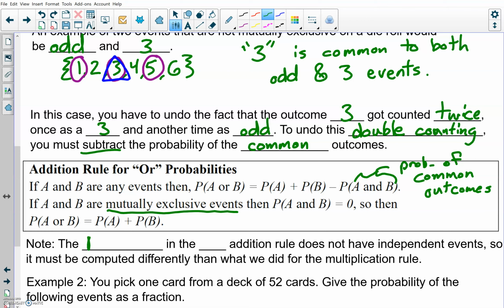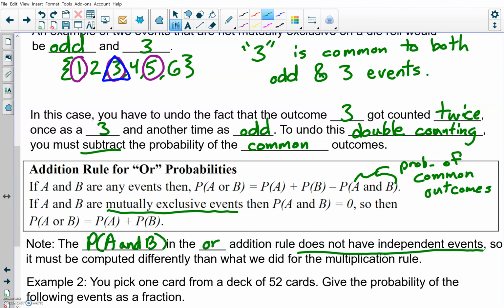And keep in mind, the probability of A and B that we're seeing here in this OR addition rule does not have independent events. They're not independent of each other. They have things that are affecting each other. If you know it's odd, then you also have a 3 there.